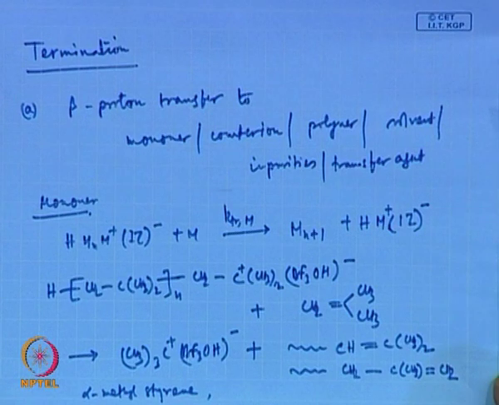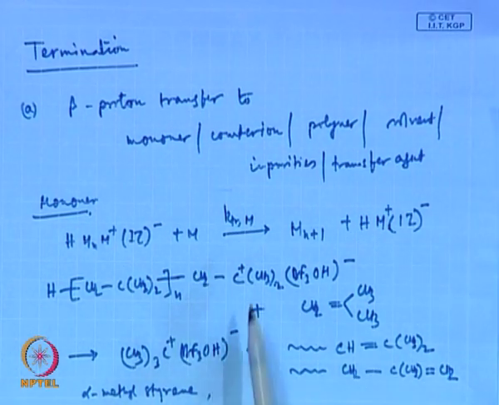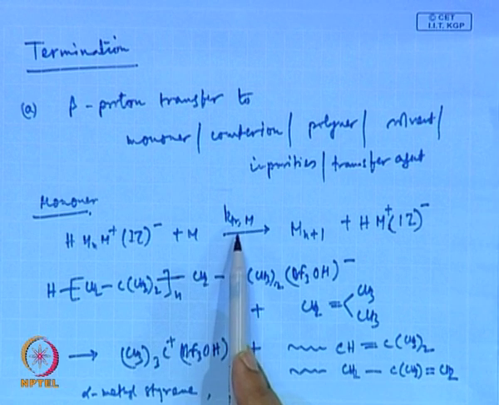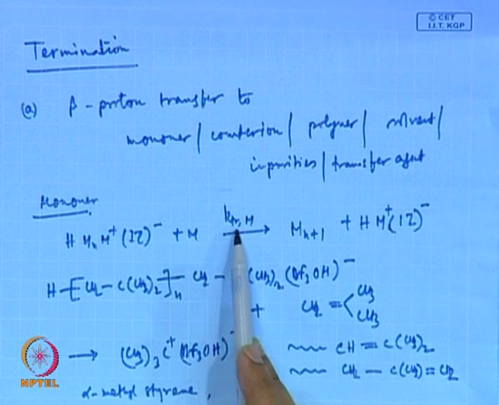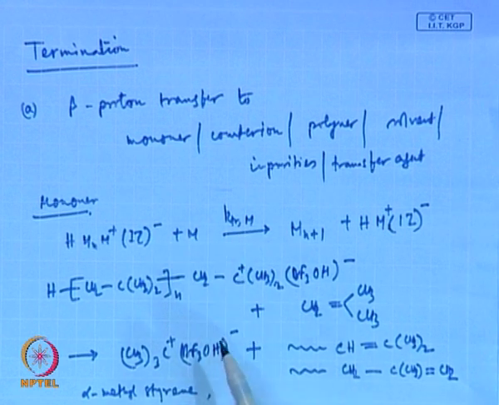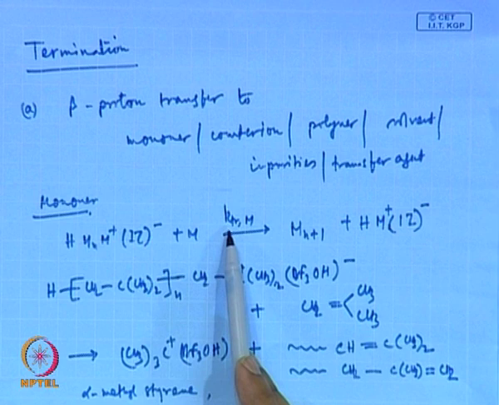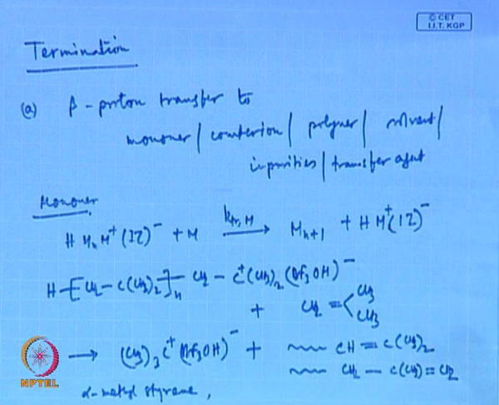We were discussing in the last lecture the termination by beta proton transfer to different species, and we gave examples of the transfer reaction with monomer. Just note the rate constant we are giving, with the same notation we use for radical chain polymerization, k_trM.